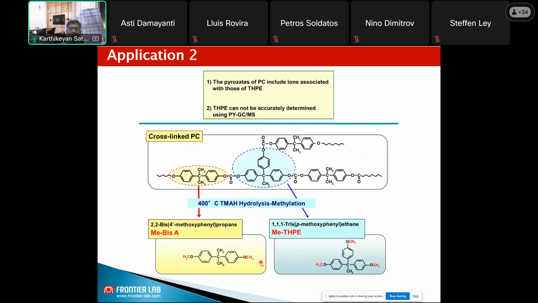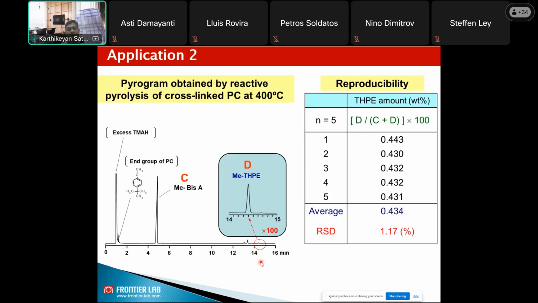So when you analyze this by normal pyrolysis at low temperature, we are able to see a clear peak for bisphenol A and a very clear peak for methyl THPE. Because the concentration is small, the peak is very small, but it can still be integrated.